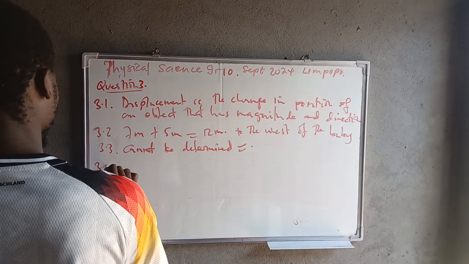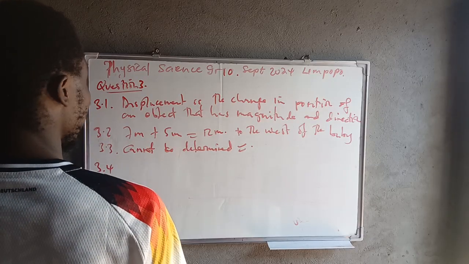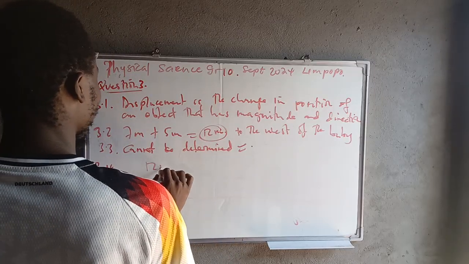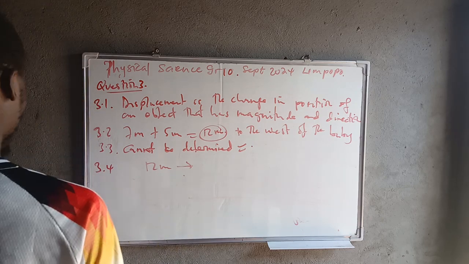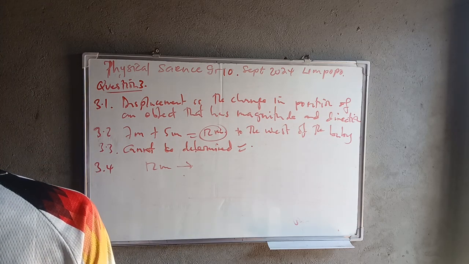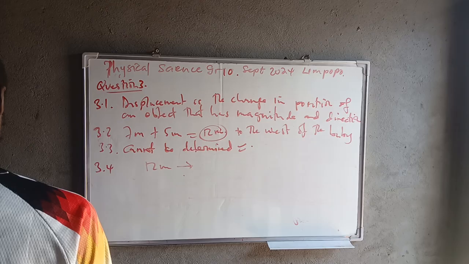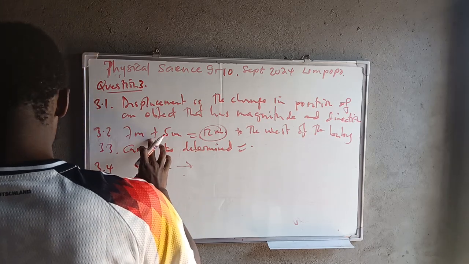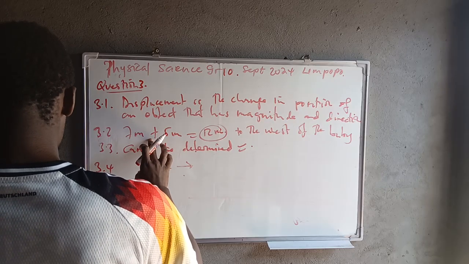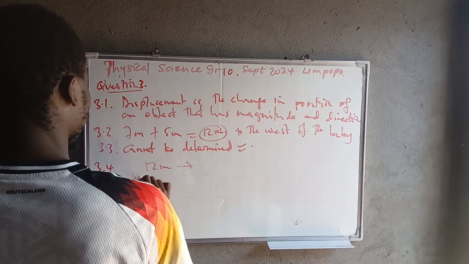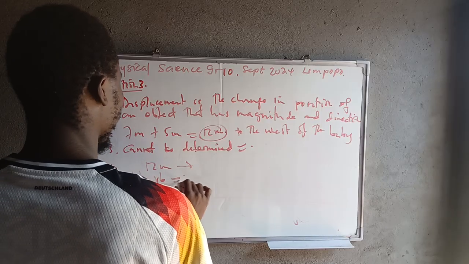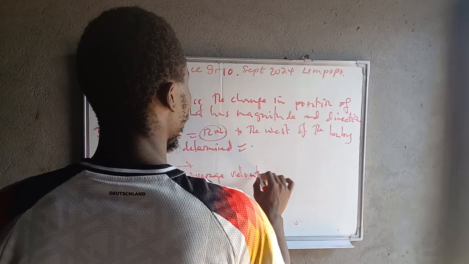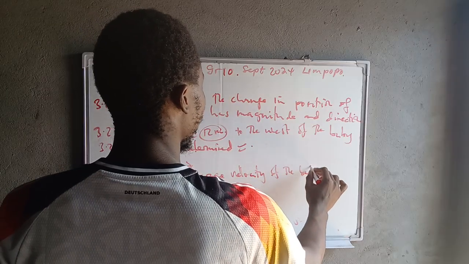Then 3.4. We know the distance between the dog and the baby, where the bowl of food is, is 12 meters, right? We are also given that the average velocity of the dog is twice that of the baby. So let VB equal the average velocity of the baby.